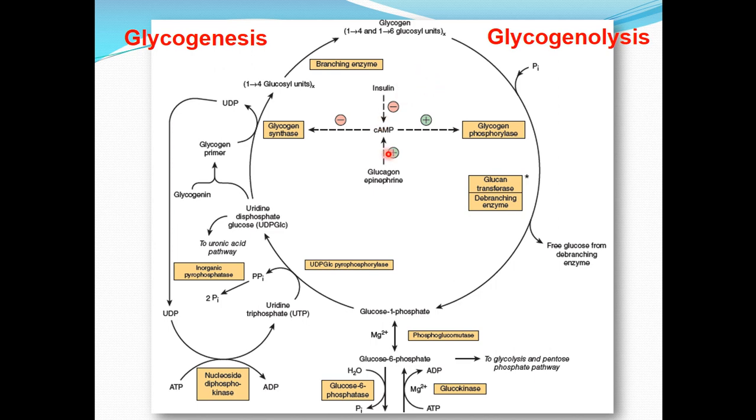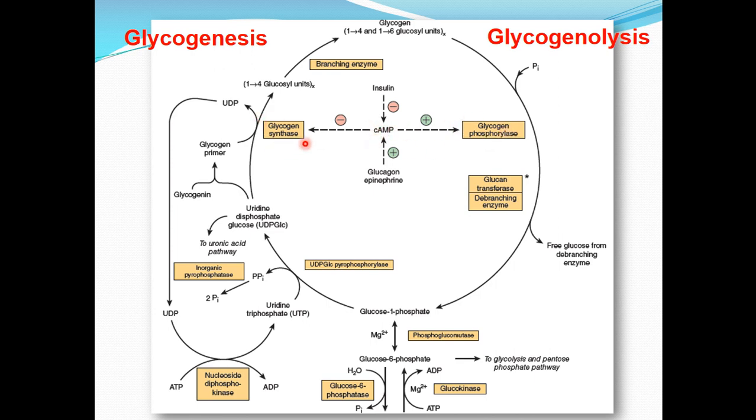As we have already discussed, cyclic AMP integrates the regulation of glycogenolysis and glycogenesis. This cyclic AMP controls glycogen phosphorylase and glycogen synthase, which are the principal enzymes regulating glycogen metabolism.